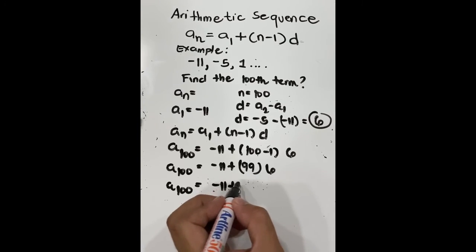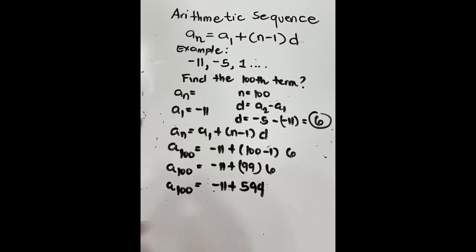Okay? And then after finding 594, so a sub 100, so negative 11 plus 594, so that is 583. Okay, so our 100th term is 583.